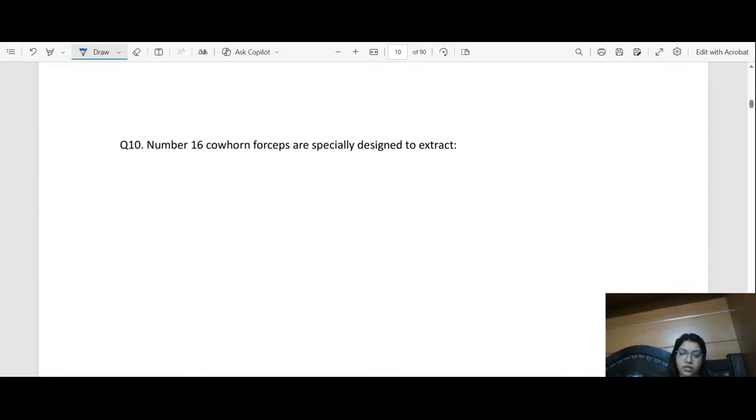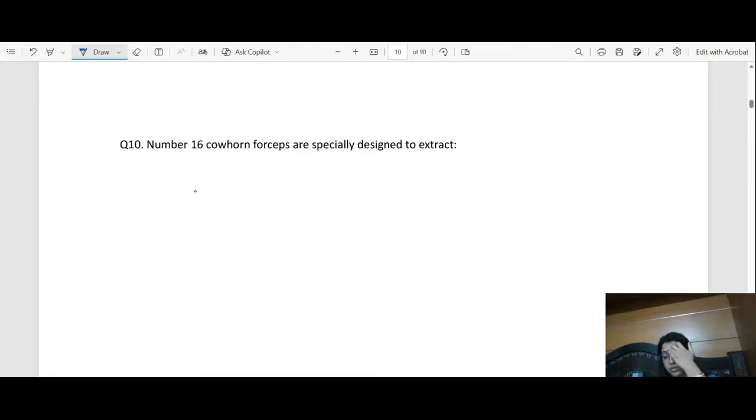Next question. Number 16 cowhorn forceps are specially designed to extract: maxillary first and second premolars, mandibular central incisors, mandibular molars, or maxillary molars. So the correct answer over here, because it is number 16, it is used to remove the mandibular third molars.